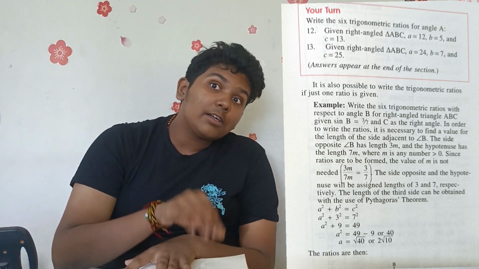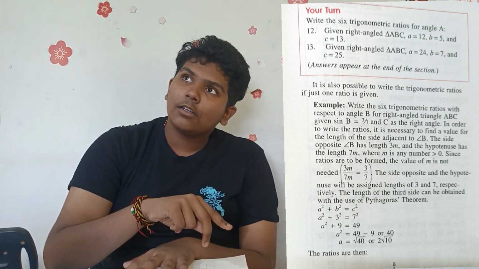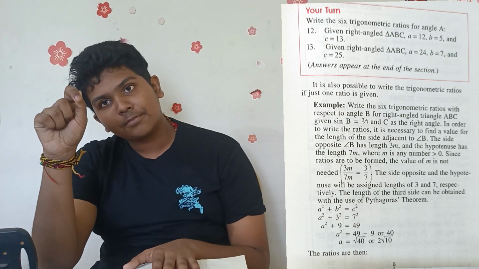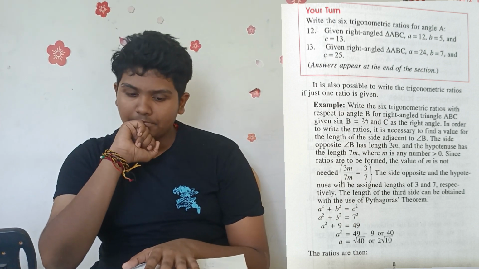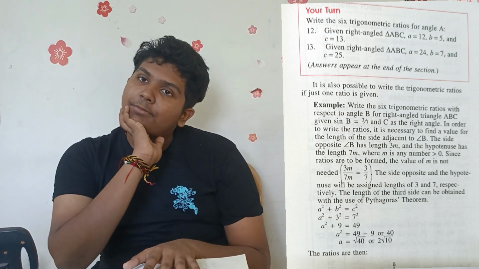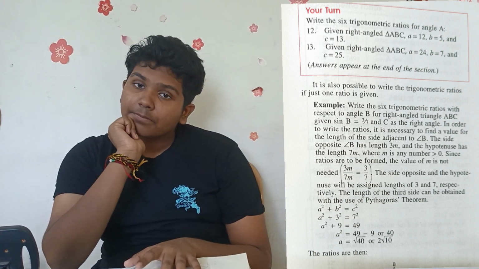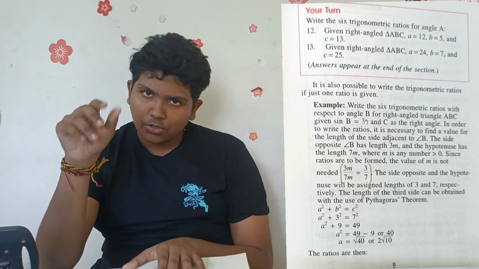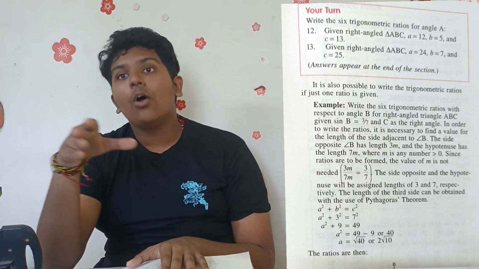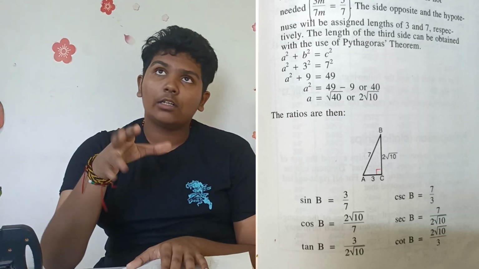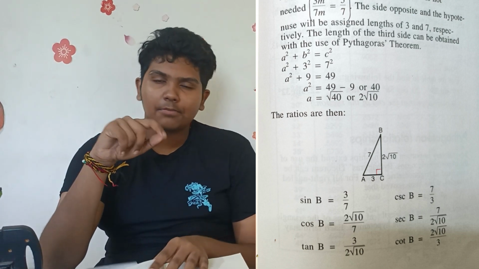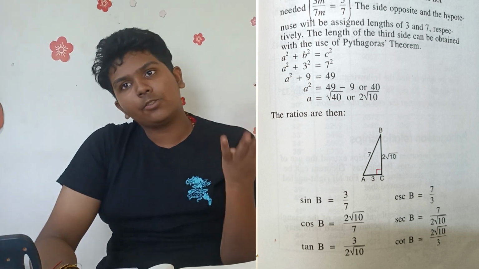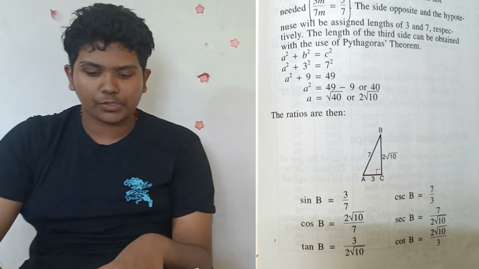So, A square is equal to 49 minus 9. What is the answer? It's easy, right? A square is equal to 40. So, A is equal to root 40 or 2 root 10. Either way, root 40 or 2 root 10, your choice.